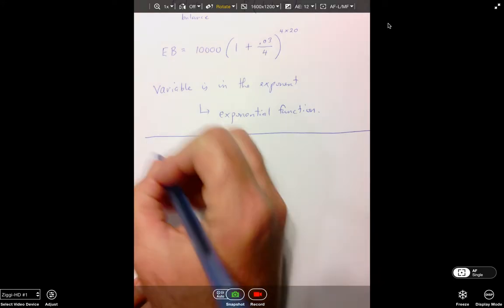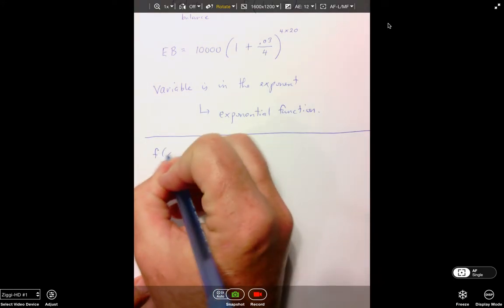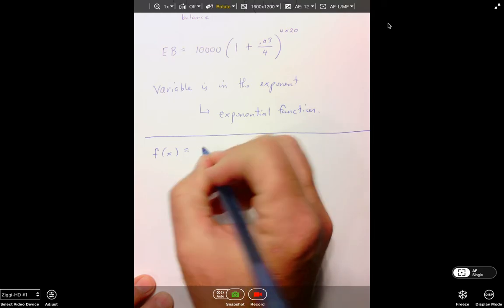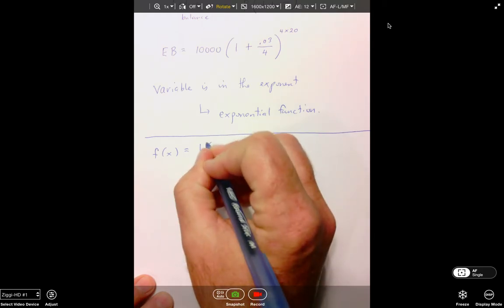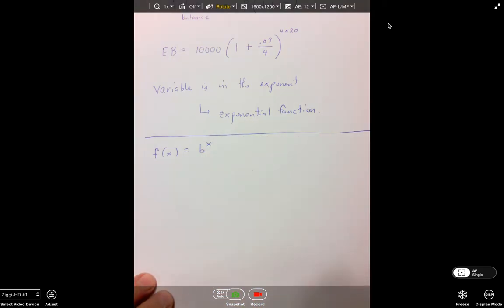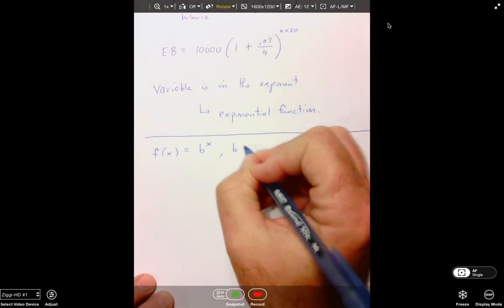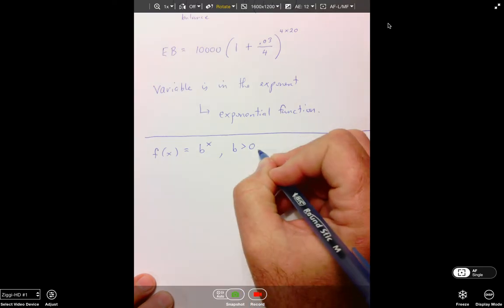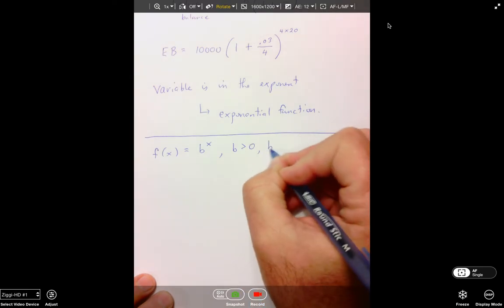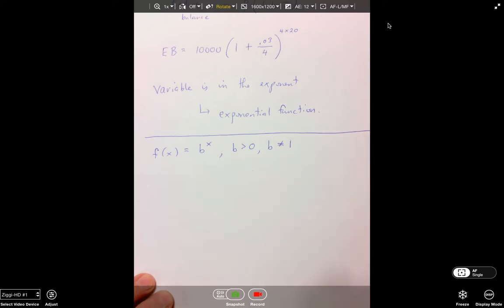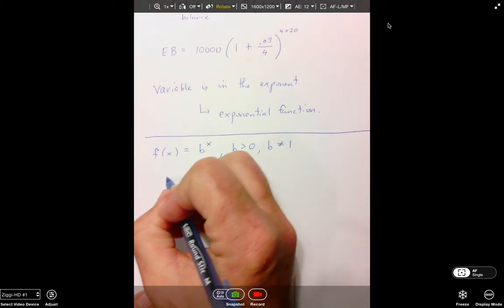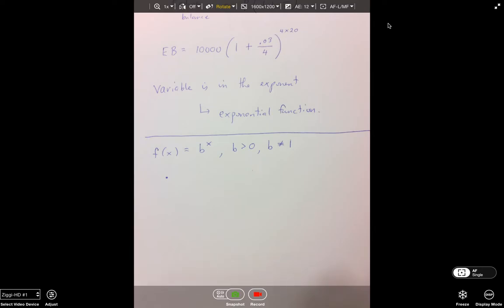So if we have, say, f of x is just b to the x power, and we're going to keep our b's greater than 0, and we're also not going to have the redundant case where b is equal to 1. So got some basic properties that these functions take on.